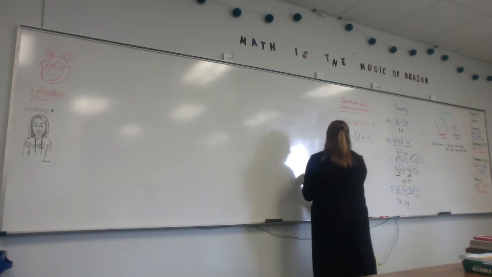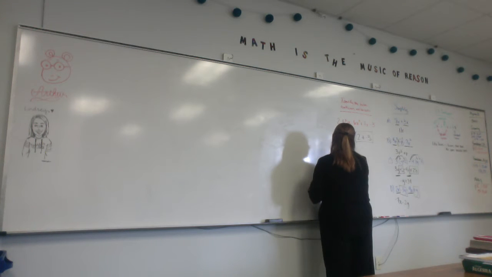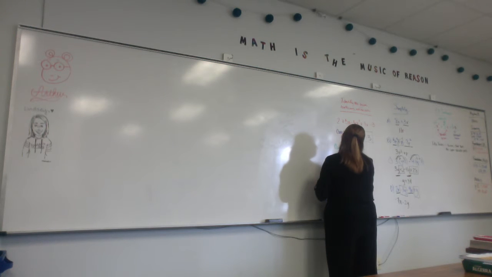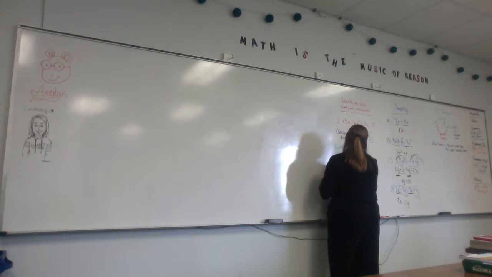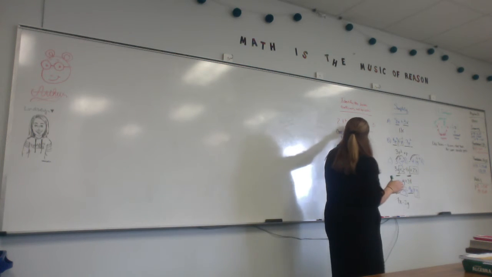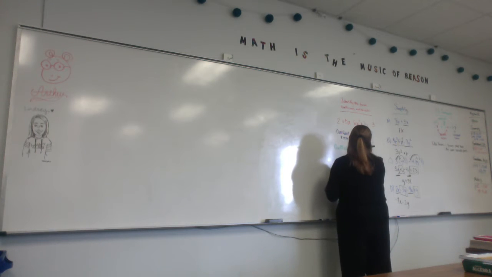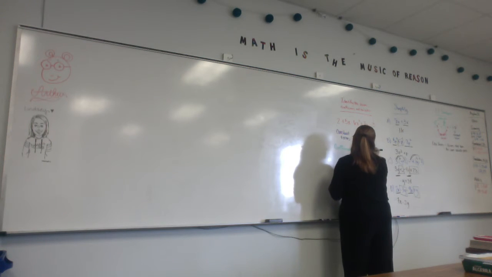What are my coefficients on this one? Coefficients are where in the equation? You are correct. Don't include the x with it. You're just going to say 5, what else? 7, and what else? 6.